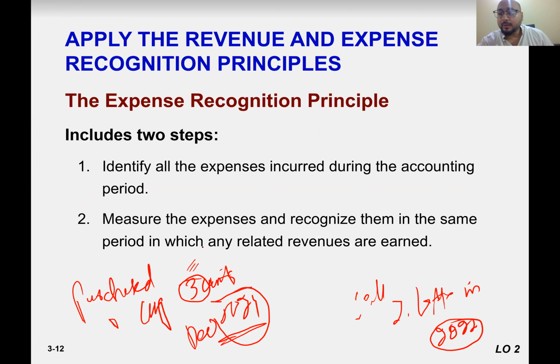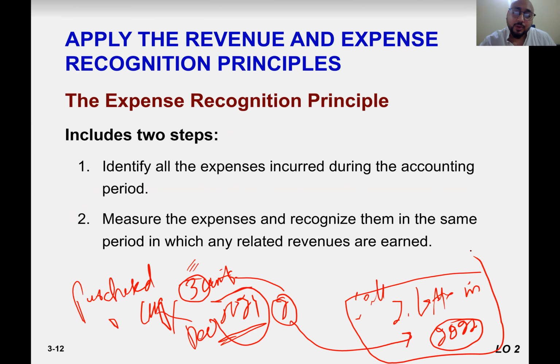Why? Because among these 3 cups, 2 cups are used in the sales of 2022. So you cannot recognize these 2 cups' expense in 2021; you recognize this expense in 2022, because these 2 lattes in January will need these 2 cups from 2021.